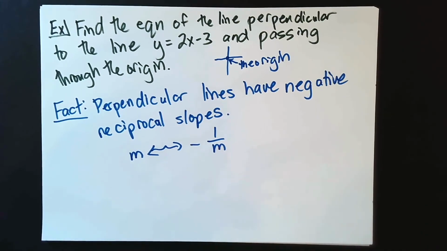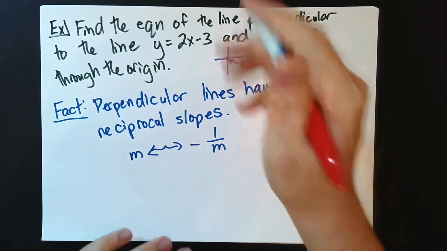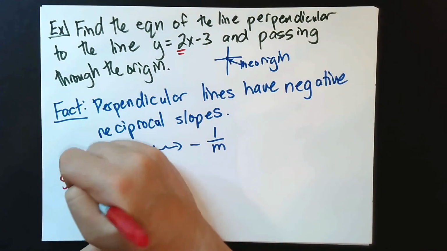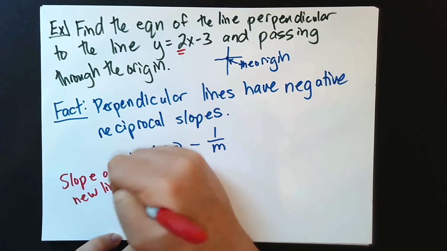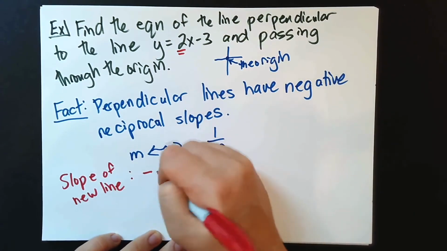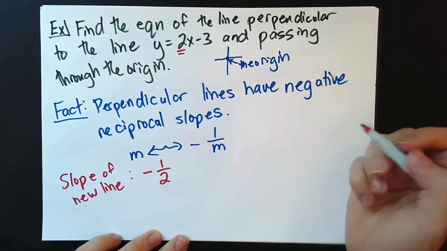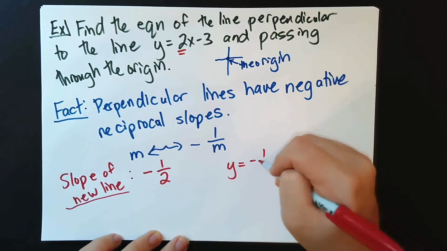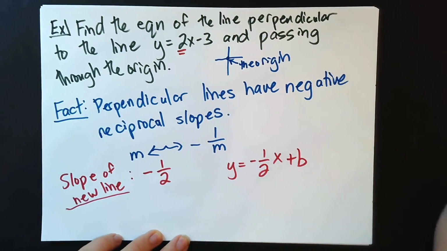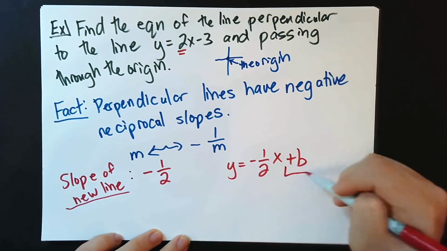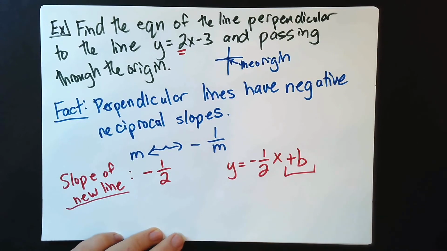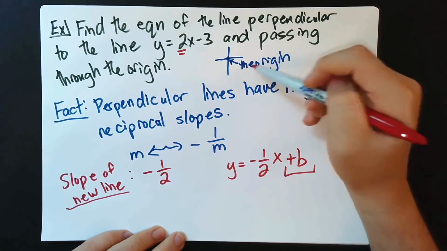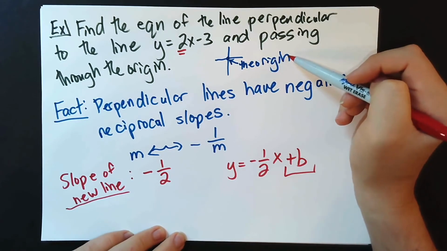So in our example, our original line has slope 2, and so that means our new line has slope, well, negative 1 over 2, which means that our new line has an equation that looks like y equals negative 1/2 x plus b. Okay. And do we know b? Well, in fact, if we think about it, we actually do know b, because what are the coordinates of the origin?